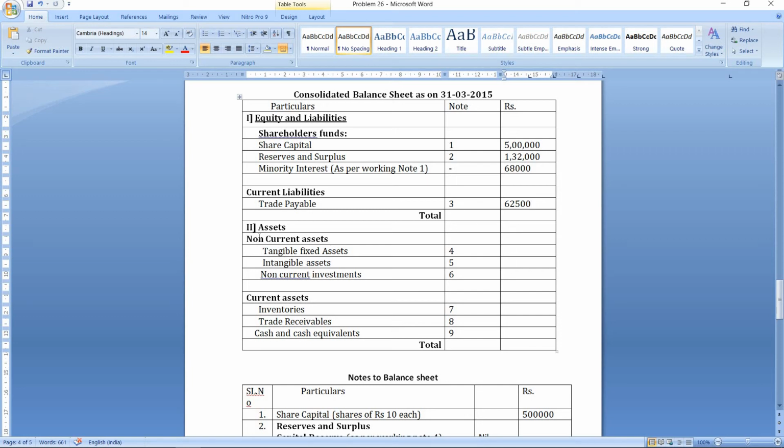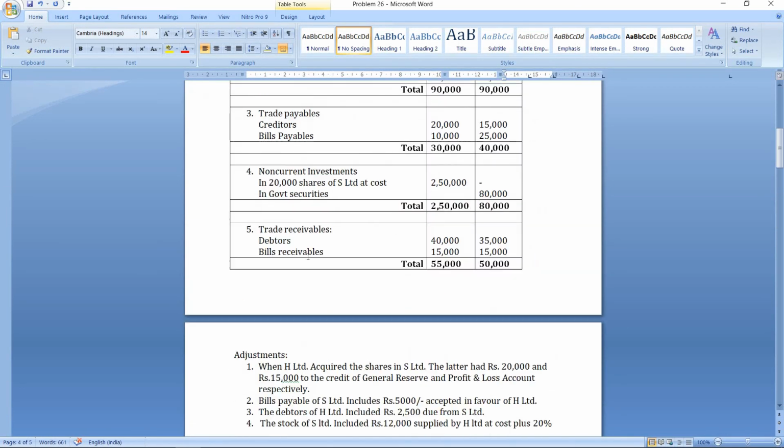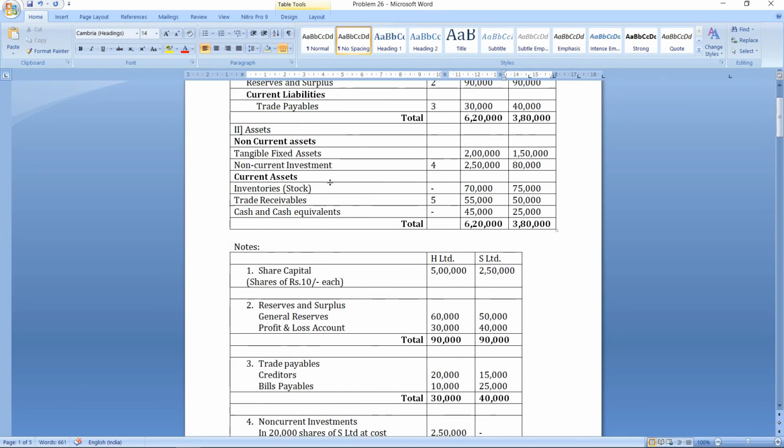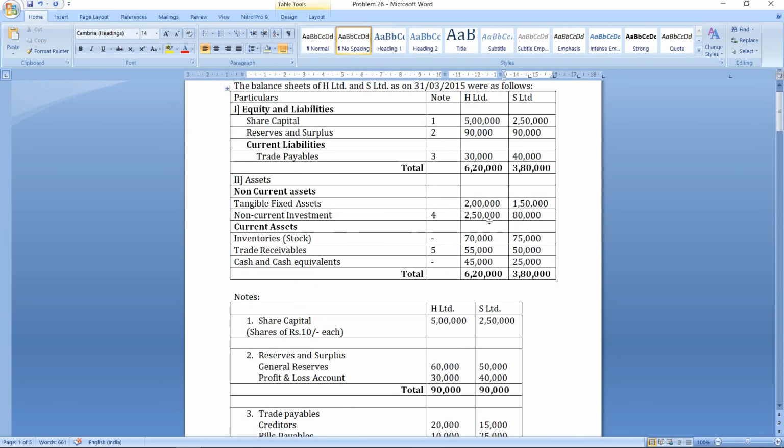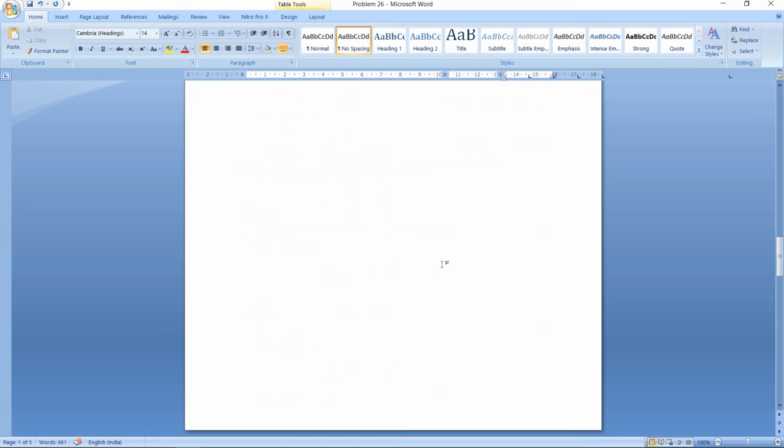Now let us pass the note for the assets. So you have tangible fixed assets. Let us look at the tangible fixed assets given in the problem. For H Limited it is 2 lakh, and for S Limited it is 1,50,000. There is no adjustment for the assets, so we will take it as it is.